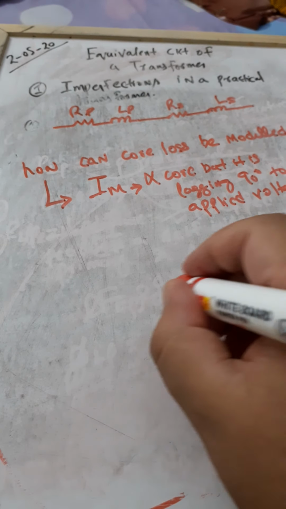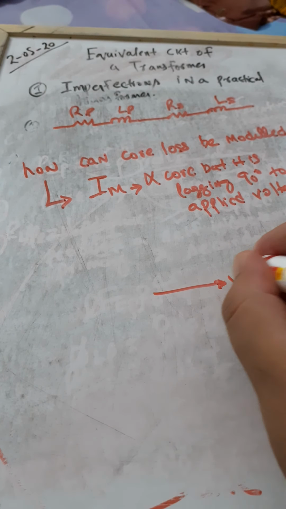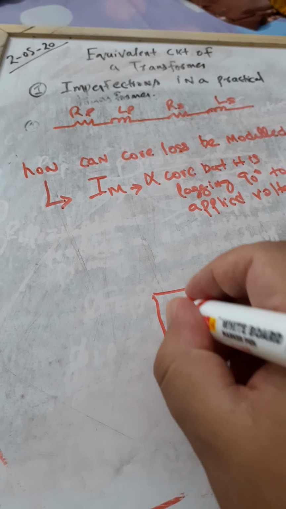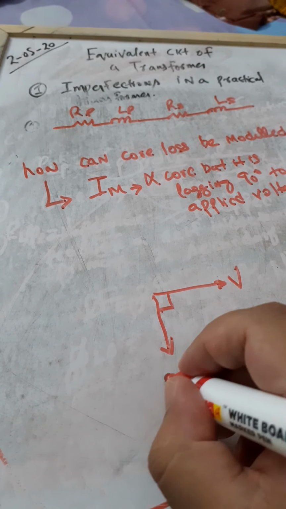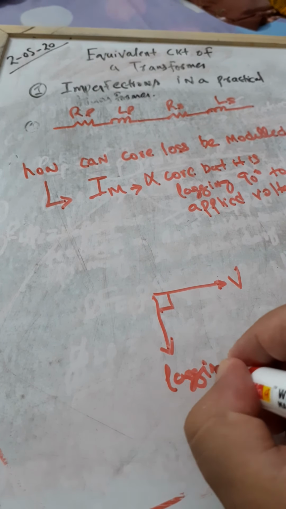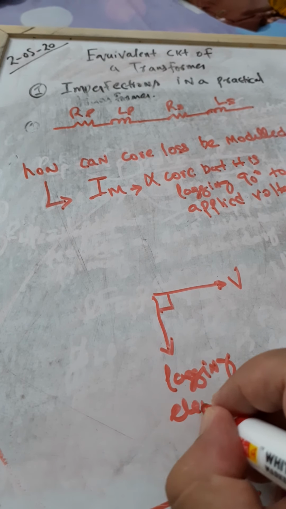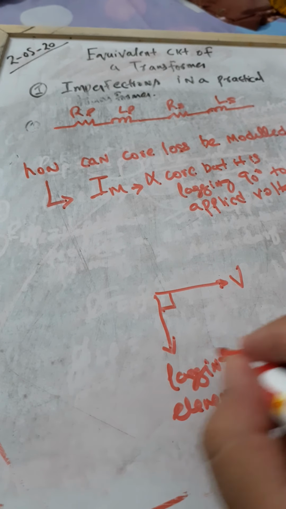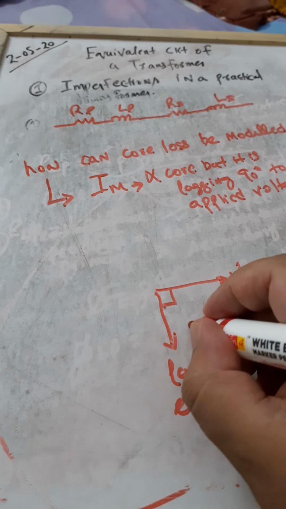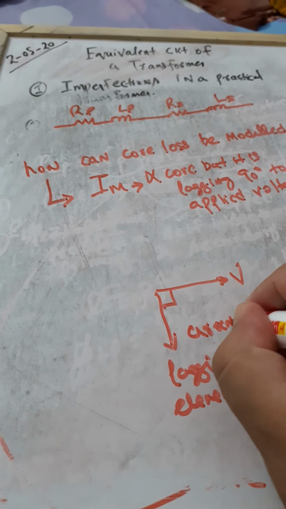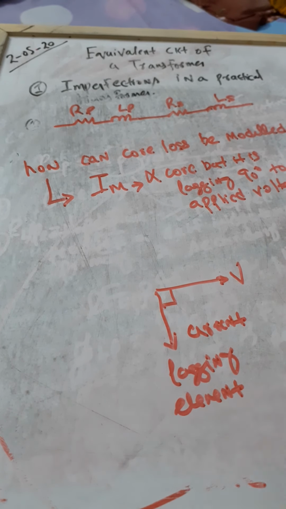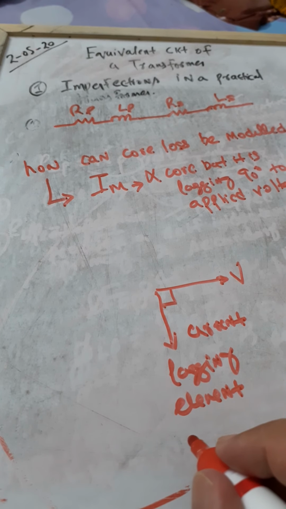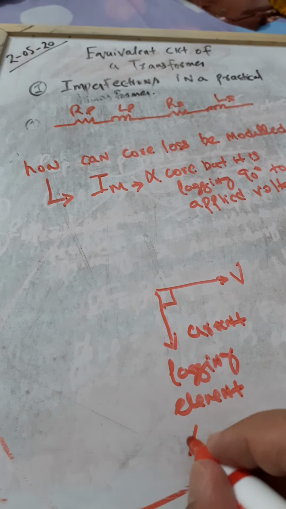In the first class I told you that if your current is lagging the voltage, a lagging element is represented by your inductance, or you can represent this by your reactance.